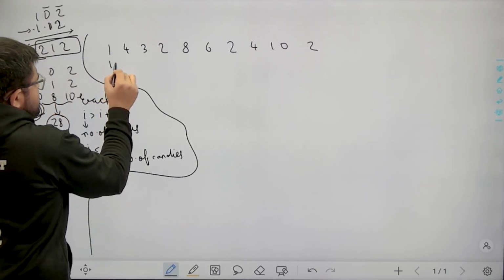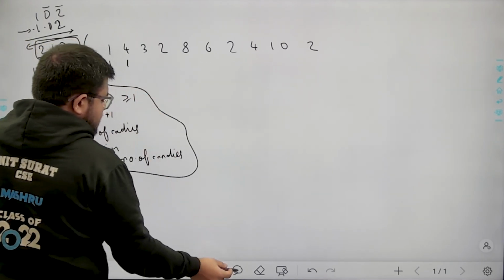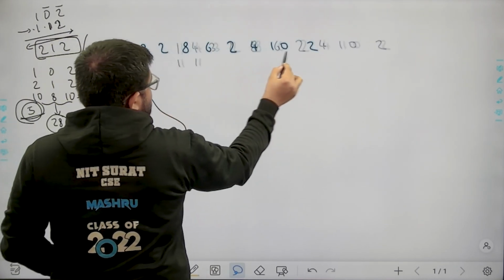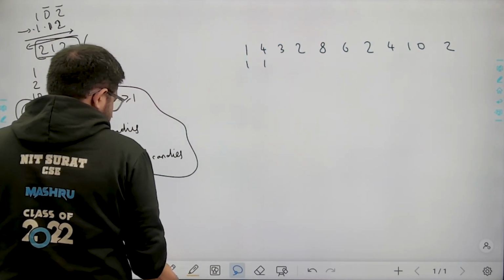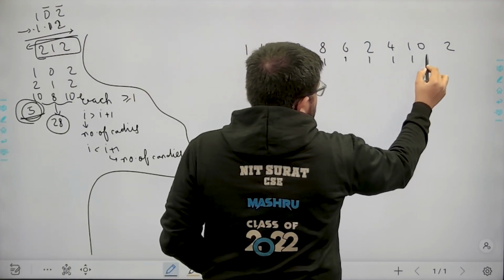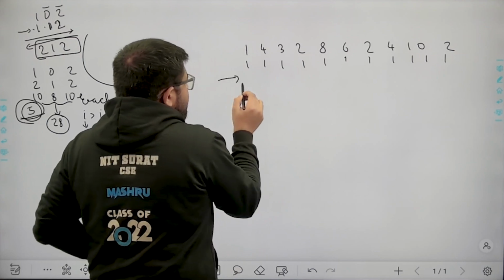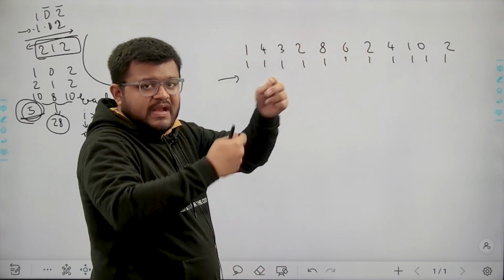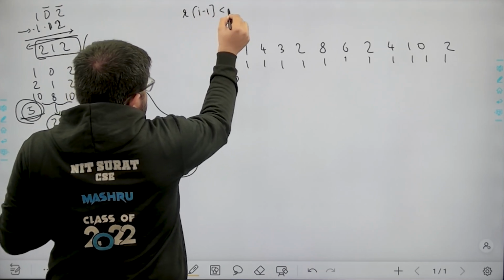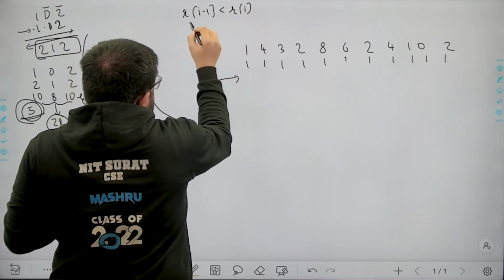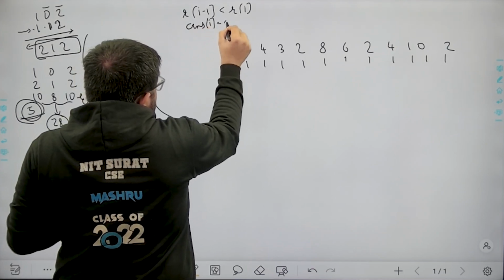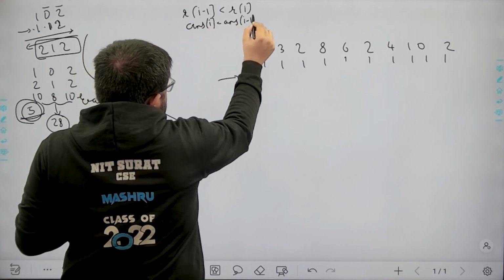Now let's try to solve the same thing here. So first of all, let me take this a bit to the right side. Yeah. First of all, I'll assign 1 candy to each, because minimum I need to assign that much. Okay. Now I will move from left to right, and if the rating of I minus 1 is less than rating of I, then I will say answer of I is equal to answer of I minus 1 plus 1.